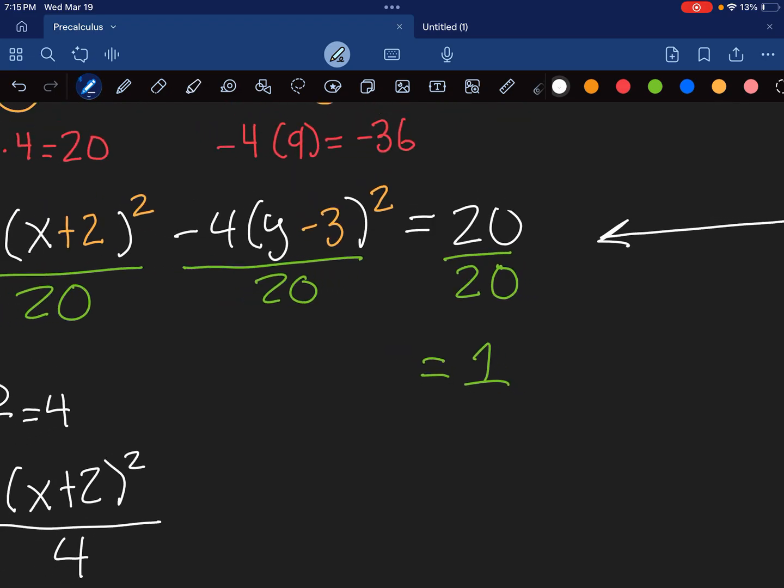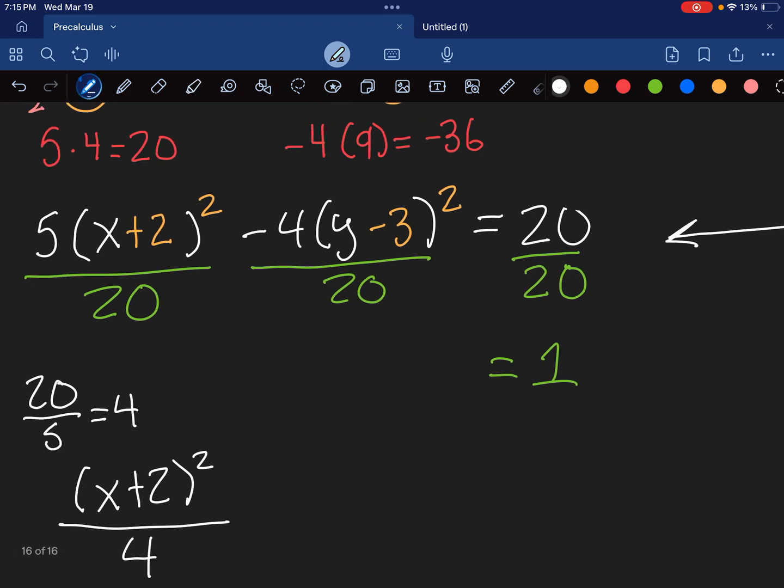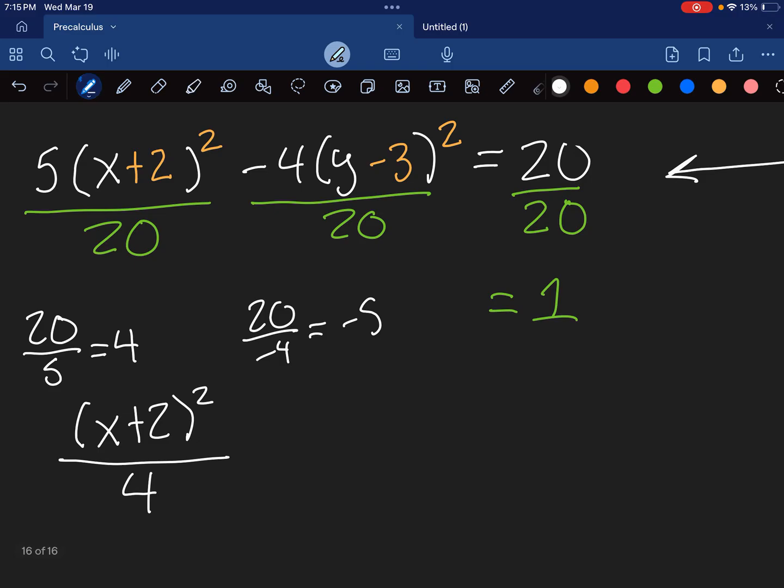Now we go to the second part, which is the y part. So we take 20 divided by -4, that comes out to -5. Okay, so we're going to put a negative right there and then do y minus 3 squared over 5.